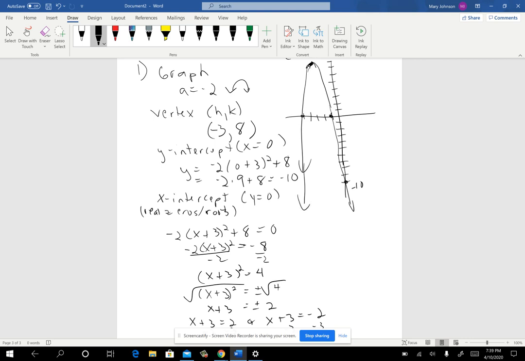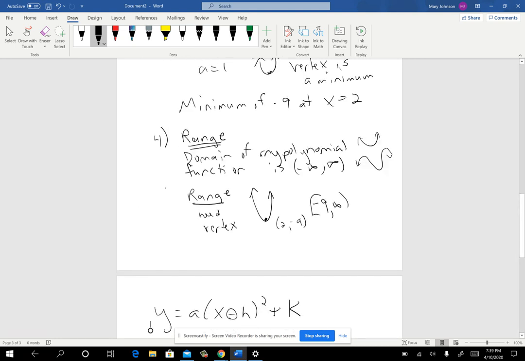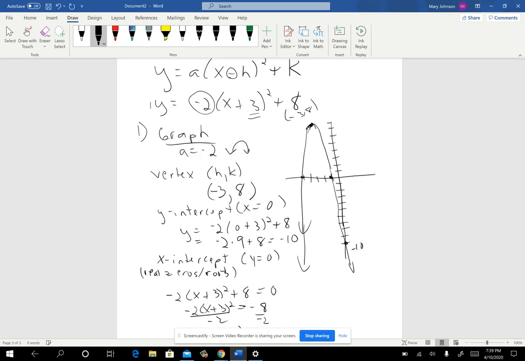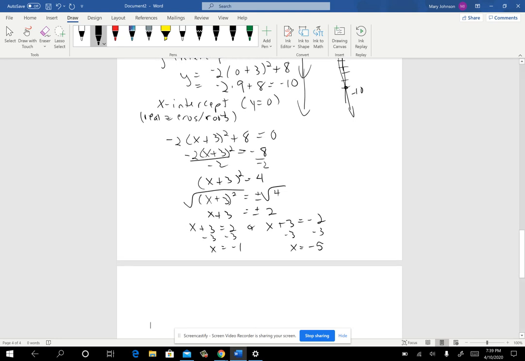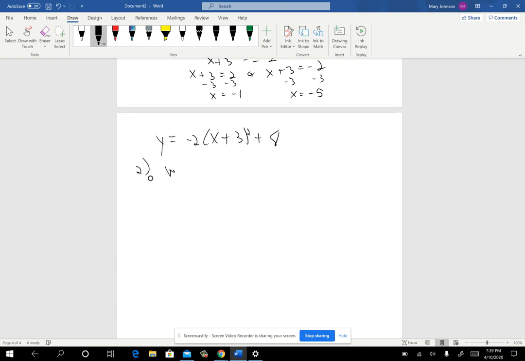Sometimes the question is just to graph, and that's all they want you to do. But sometimes you're asked to find just the vertex. You could see how easy it was to find the vertex on that. So sometimes you're given something in that form. Let's continue like we did on the others. They might ask you, what's the vertex?